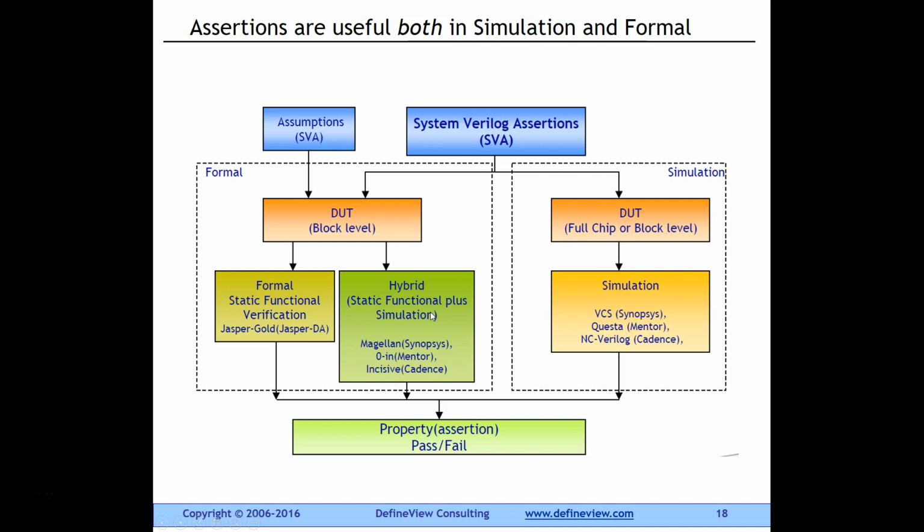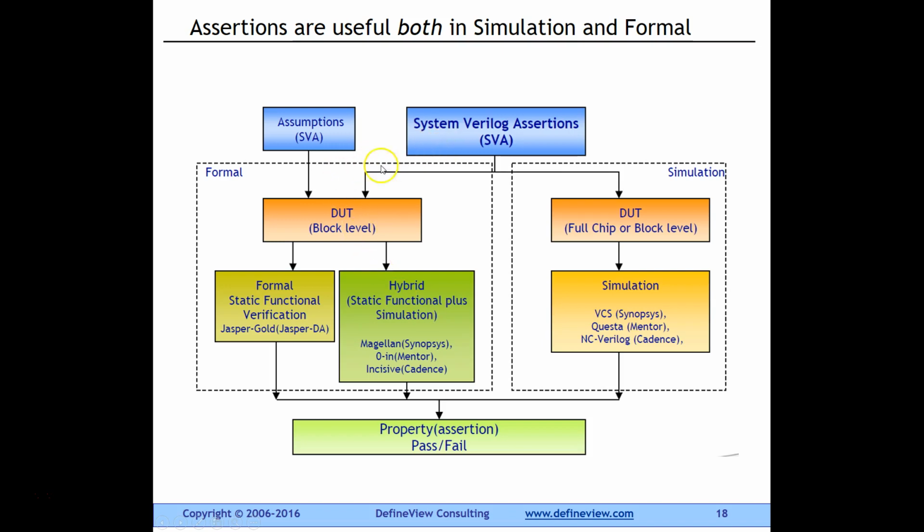What that means is, again, back to those 20 inputs, there are so many combinations. So what the hybrid does is it simulates up to a certain point and knows the values of some of those 20 inputs and says, okay, no need to exercise these 5 inputs or 10 inputs. So that's hybrid.